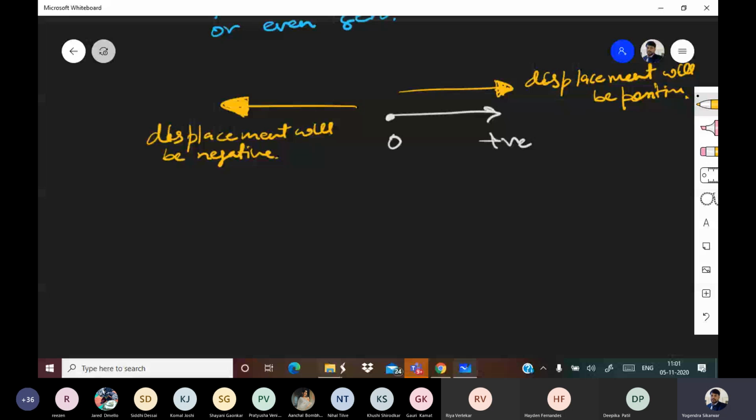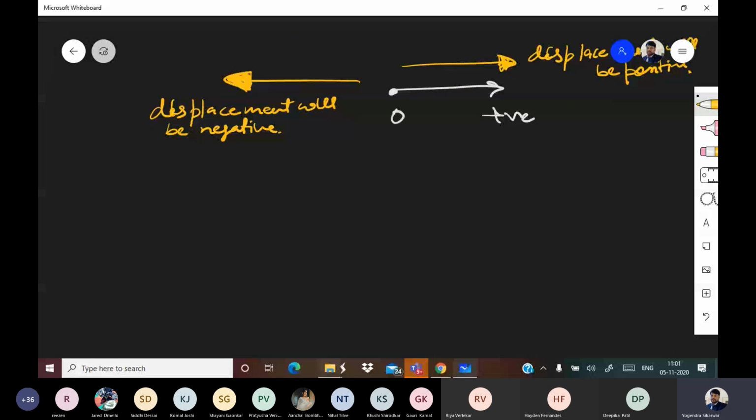Now, rather than solving questions of displacement here, first talk about distance, and then we'll be solving questions of displacement and distance together. So distance now.